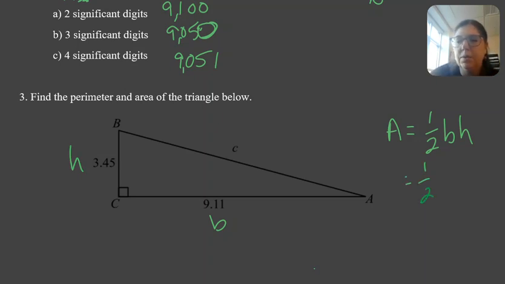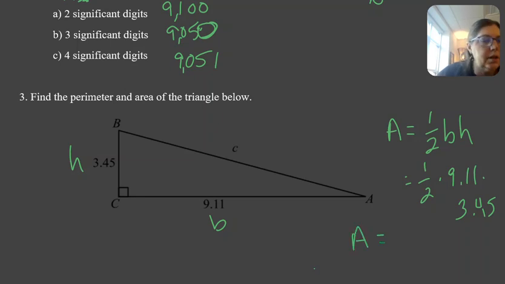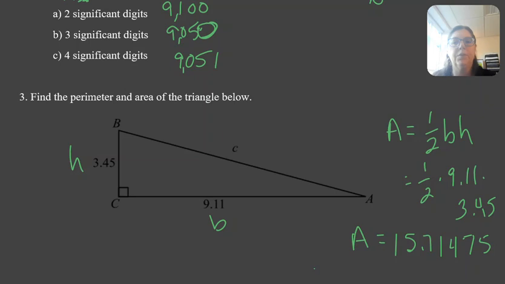So we would plug into our calculator 1/2 times 9.11 times 3.45. So for area, I get 15.71475.